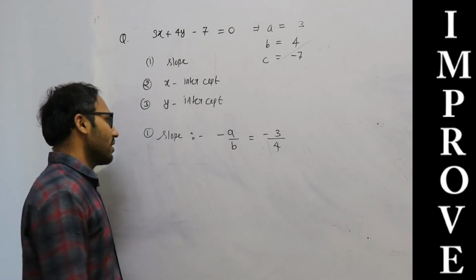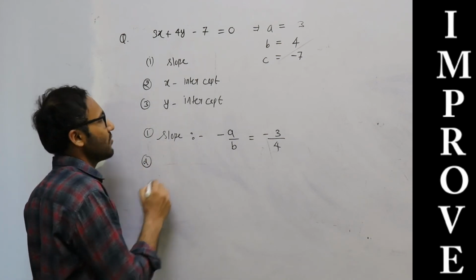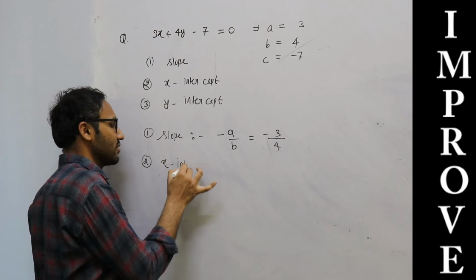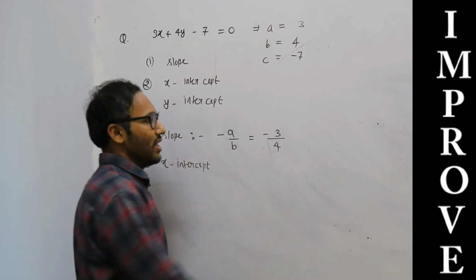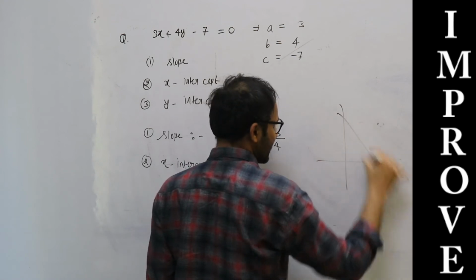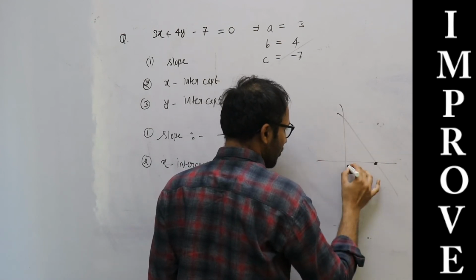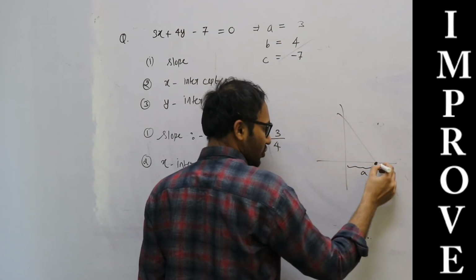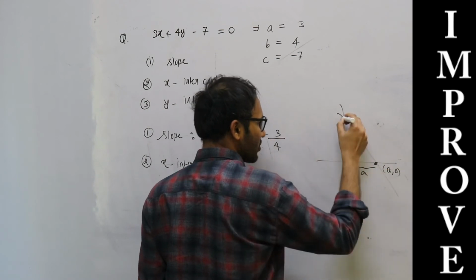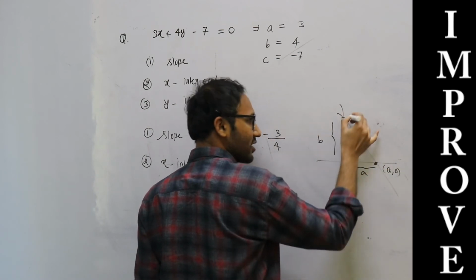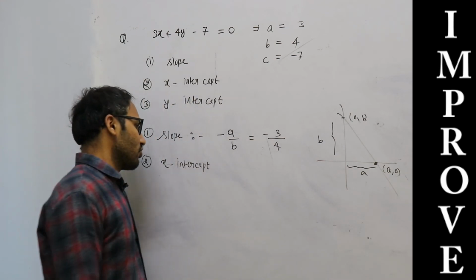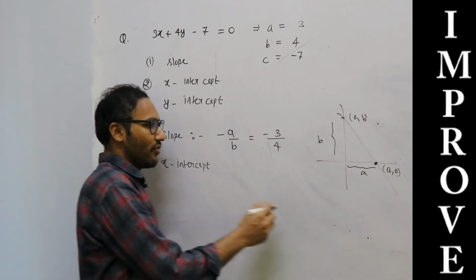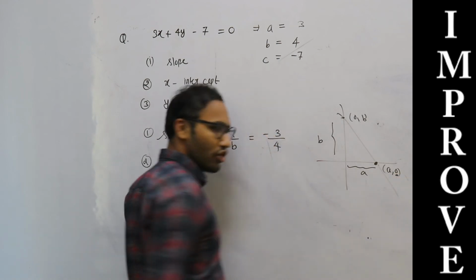Okay. Now number 2, x intercept. Look, to find the value of x intercept, you have to find the value of this length. So this coordinate will be a comma 0 and this coordinate will be, if this length is b, 0 comma b. So for x intercept, the y value will be 0.